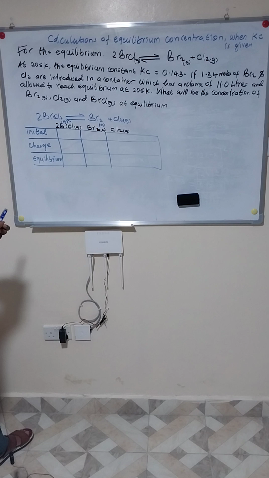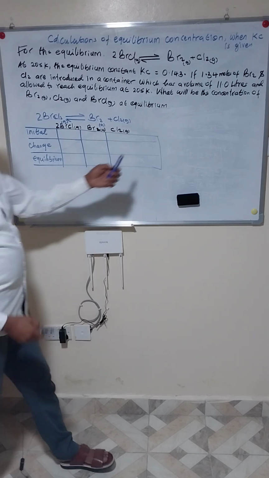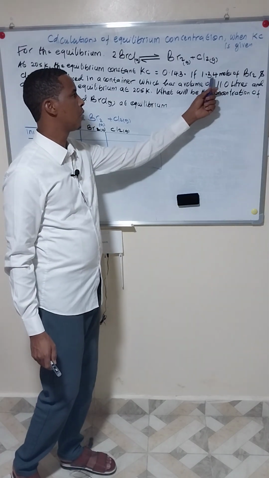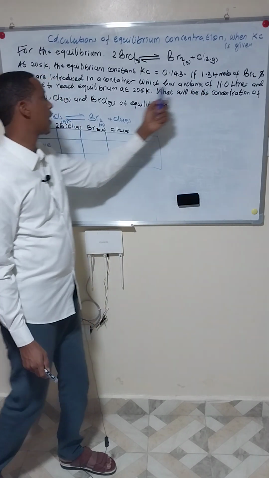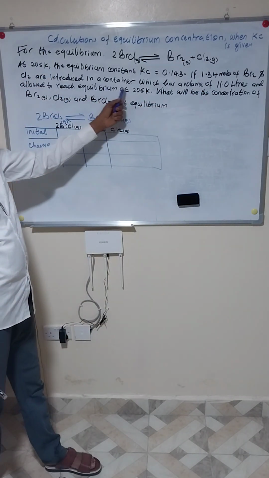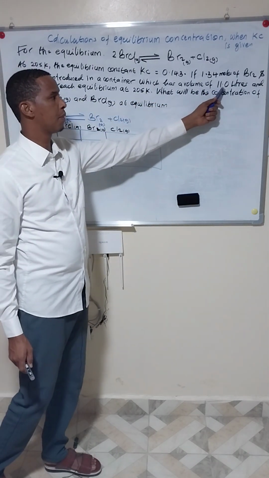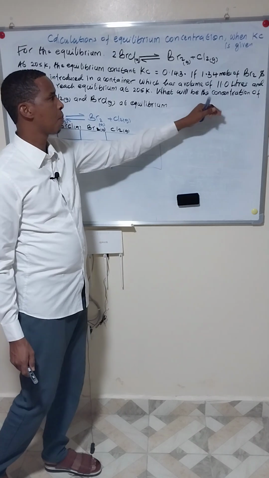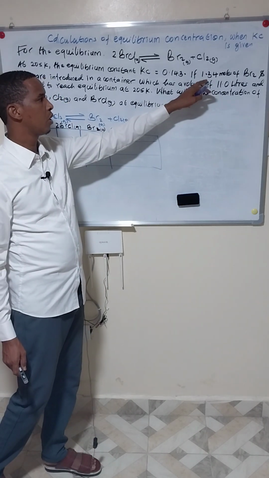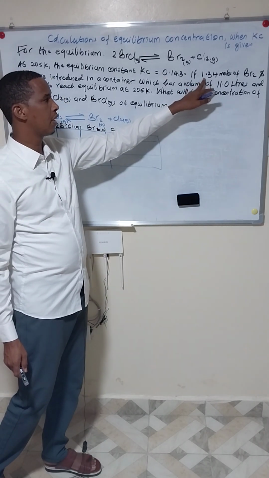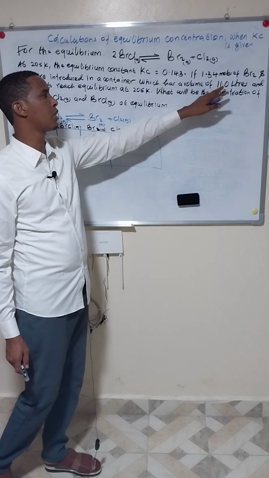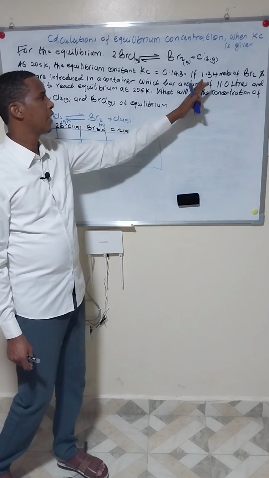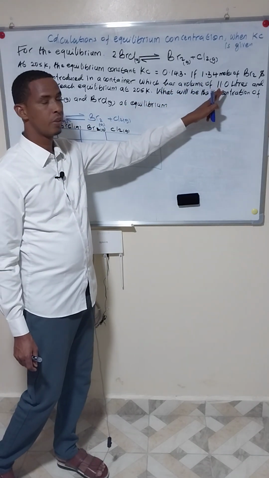So the initial concentration, we are told 1.34 moles of bromine and chlorine are introduced in a container which has a volume of 11.0 liters. To get the initial concentration of bromine and chlorine, we divide the number of moles by the volume.